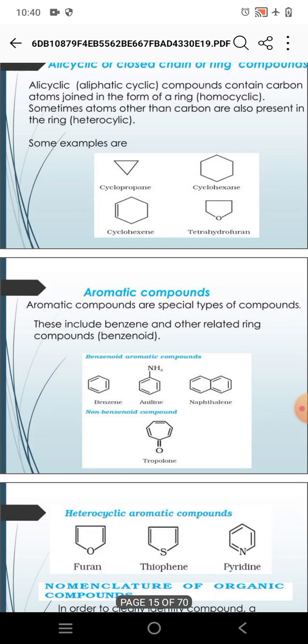These are called heterocyclic. Some examples are cyclopropane, cyclohexane, cyclohexene, because here one double bond is present, and tetrahydrofuran. This is an example of heterocyclic because atoms other than carbon are present in the furan structure.